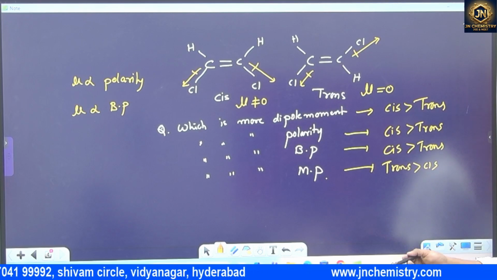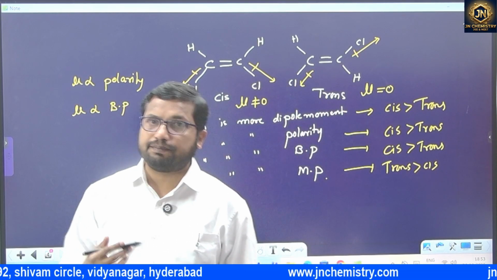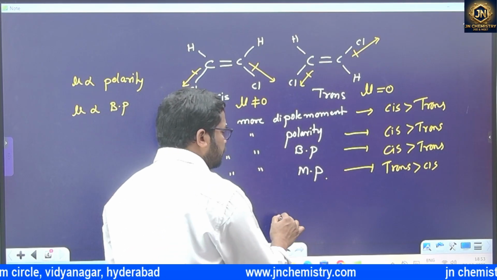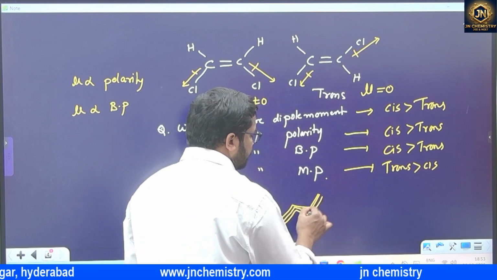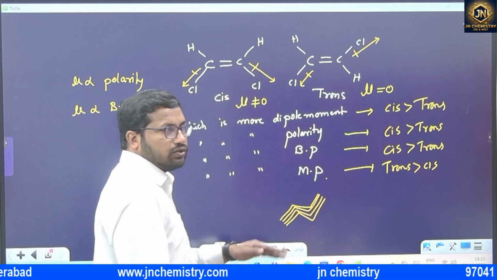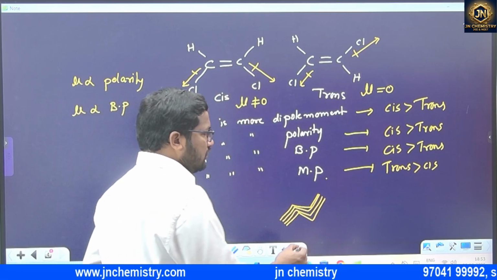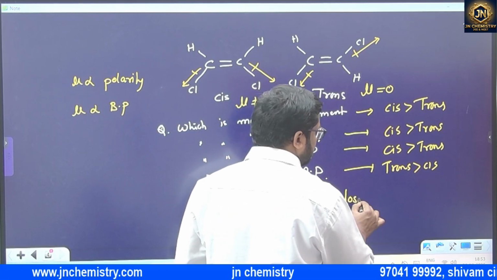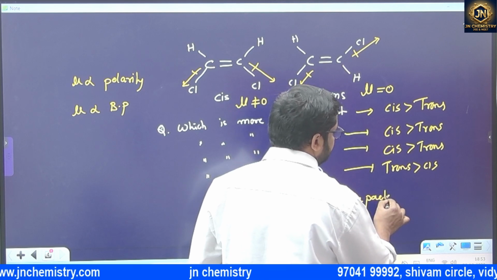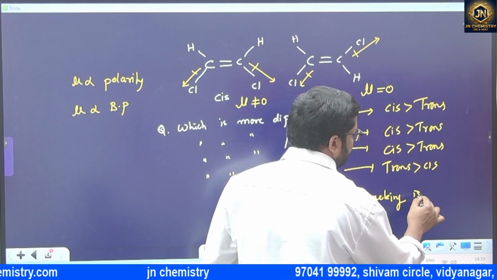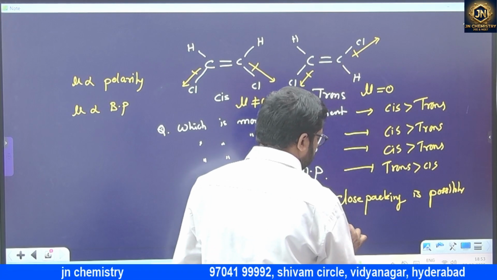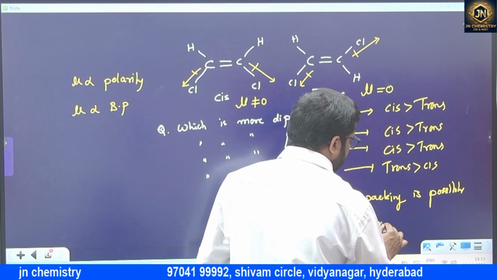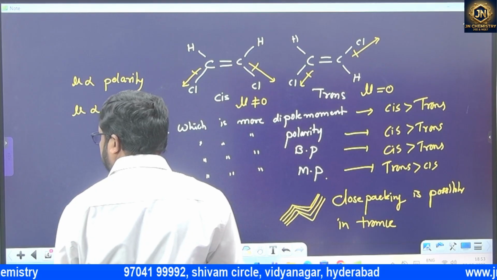Why trans greater than cis? Because a closed packing structure is possible. In trans, the ends are in opposite directions, so repulsions are less. So close packing is possible in the trans case.